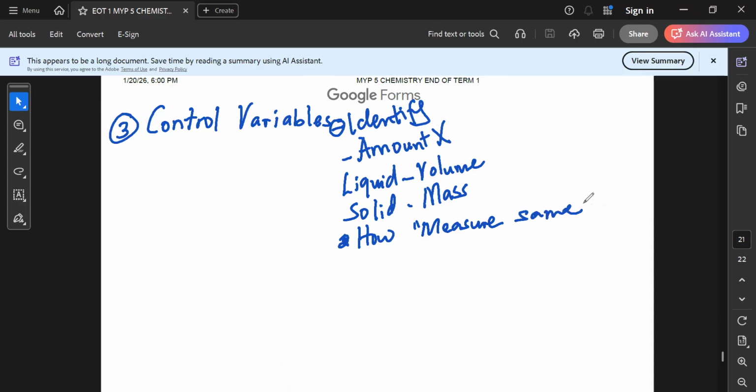You are measuring, that's how you will do it. If it's a solid, you will have to weigh it as a mass. So tell us how you will do it. How will you keep it constant? Now, normally at times on this question, they also bring in these aspects. They ask you, what additional equipment do you need?